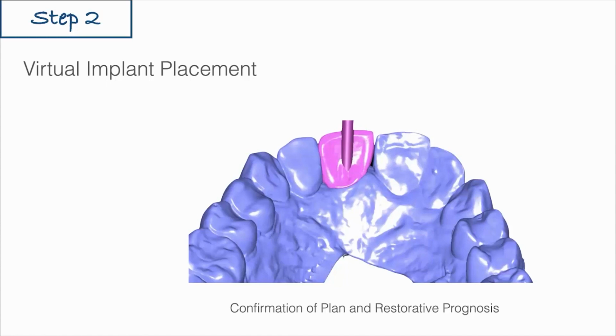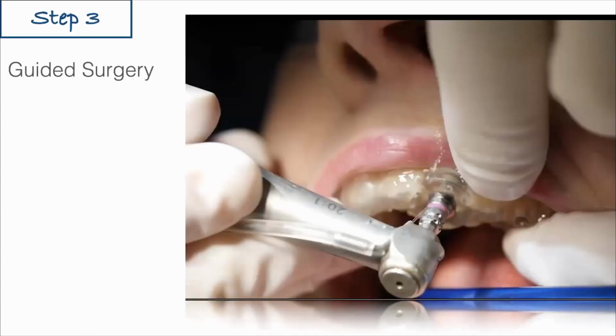So, being able to share these images is very easy, and I love doing that. But I like seeing them in real time while I'm planning the cases, and I'll be able to share that process with you.